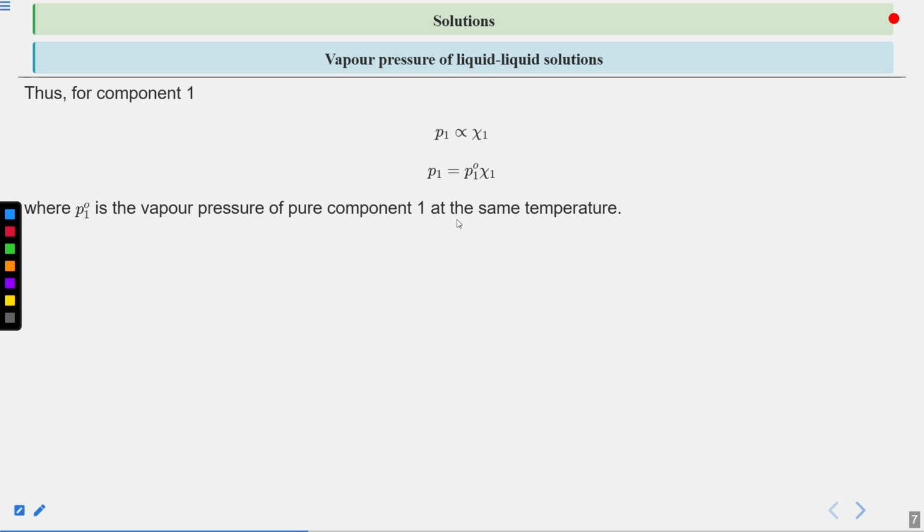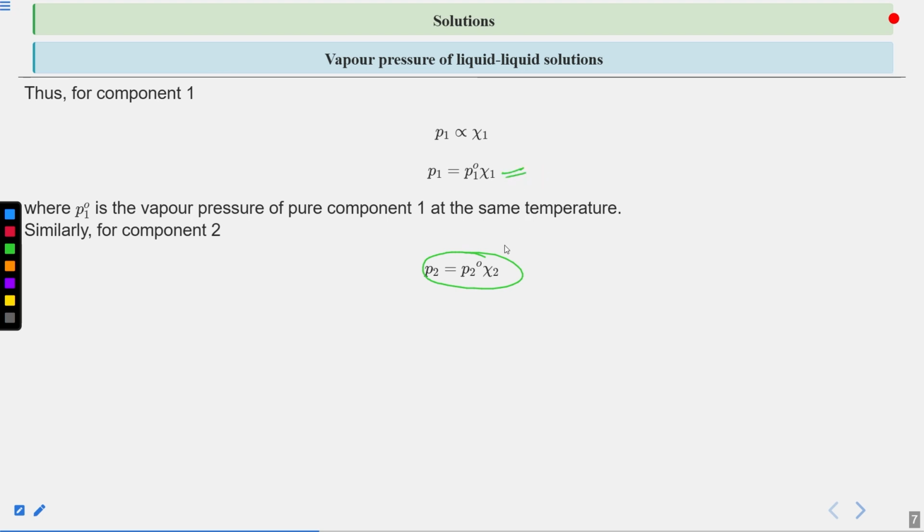And P01 should be taken at the same temperature at which we are observing the solution. Now, this same analogy can be applied to component 2. So we can write P2 equal to P02 chi2, similar to this.